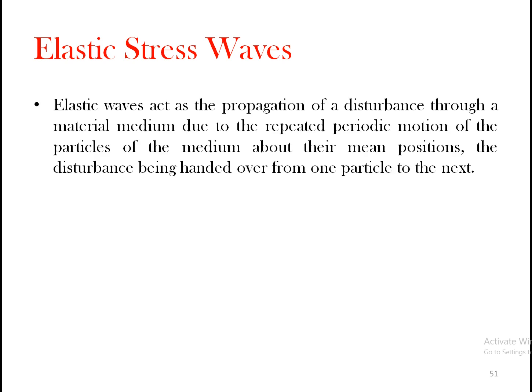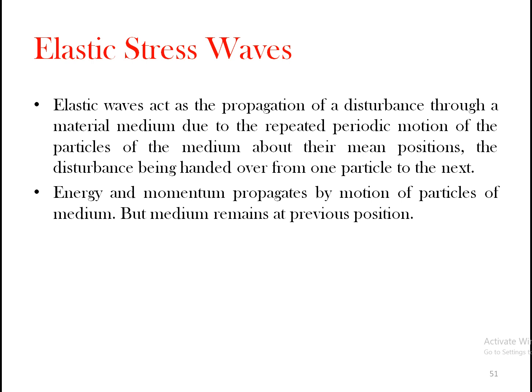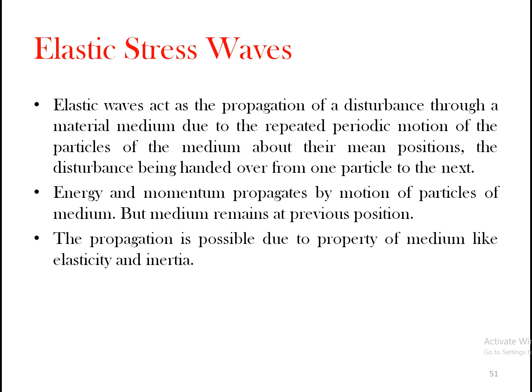Elastic waves act as the propagation of a disturbance through a material medium due to repeated periodic motion of the particles of the medium about their mean position, the disturbance being handed over from one particle to the next. The energy and momentum are propagated like this.